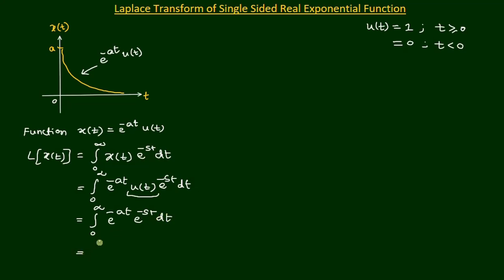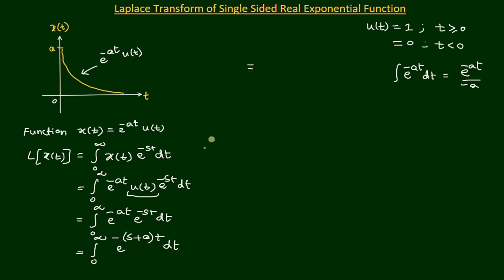We further simplify this as the integral 0 to infinity of e^(-(s+a)t) dt. So that equals, this is in the form of e^(-at). The integral of e^(-at) dt formula is e^(-at) divided by minus a.